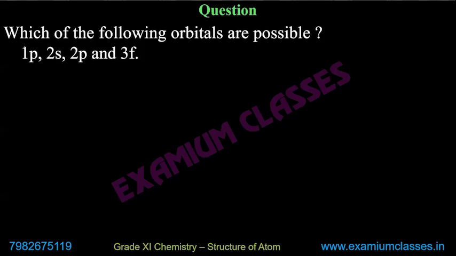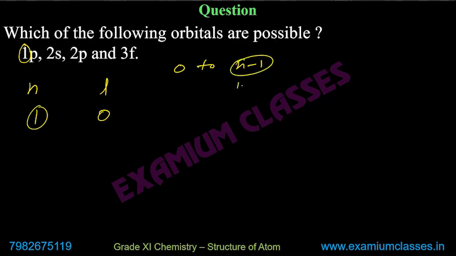Now you need to understand what are the values. Just consider n and l. Here n is 1. So l can be 0 only, nothing else, because we know l values will be from 0 to n minus 1. n is 1, n minus 1 will be 1 minus 1, that is 0.